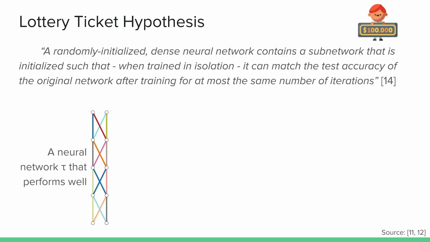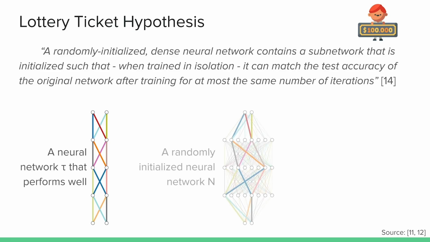We have a neural network that performs well. It is sparse, so we don't have a dense connection here, and it works fine. So the lottery hypothesis is that if we have a dense neural network, some of those neurons that are inside here are initialized in such a way that they perform very well and basically allow us to train very efficiently.